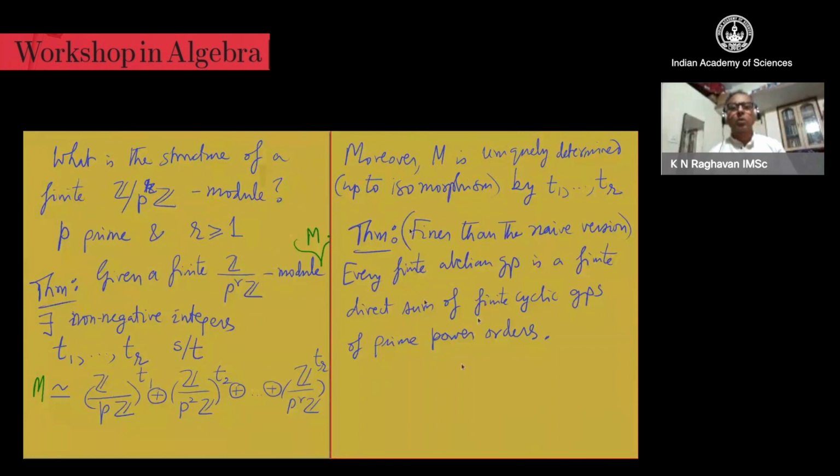Now what remains to prove is, for the primary decomposition itself, we need to prove the Chinese remainder theorem. And then once that is done, we need to give a proof of this theorem. The proof of this theorem is analogous to the proof of the existence of Jordan canonical form.